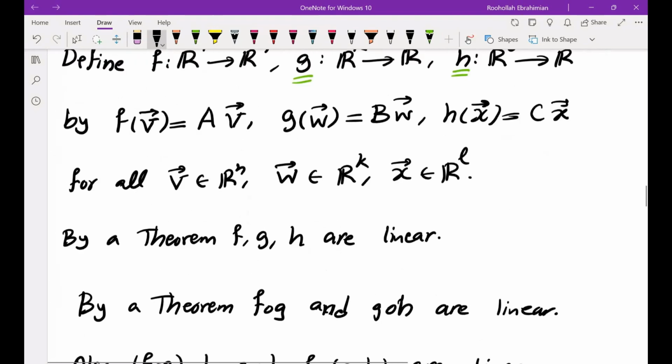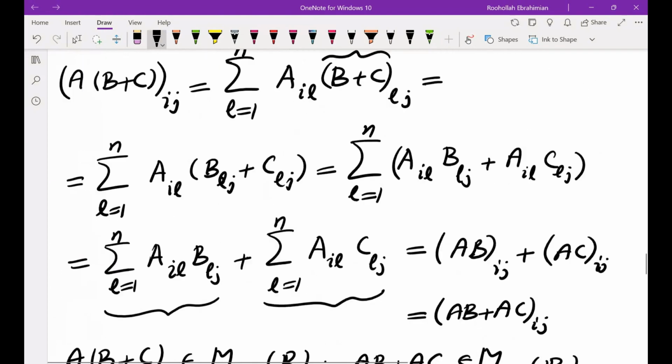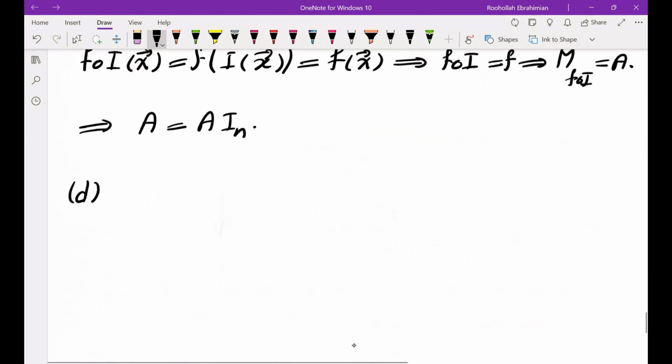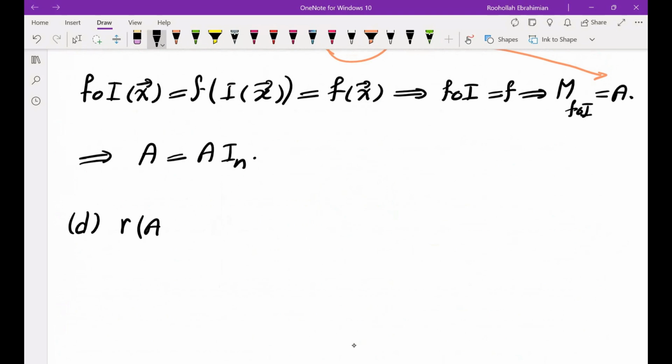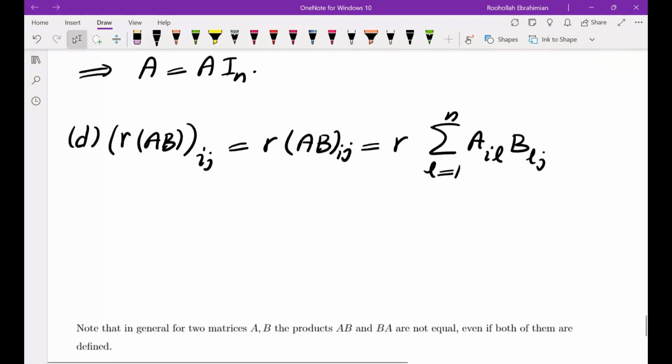Okay, so the last one, I'm going to look at the entries of these two, and then I'm going to show that the entries are the same. So if you look at R times AB and look at the ij entry of this, this is R times the ijth entry of that, which is the same as R times the sum of AIL BLJ, L goes from 1 to n, and I'm assuming that A and B have n columns and n rows.